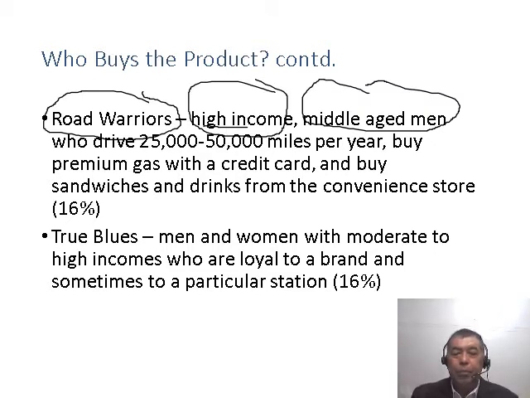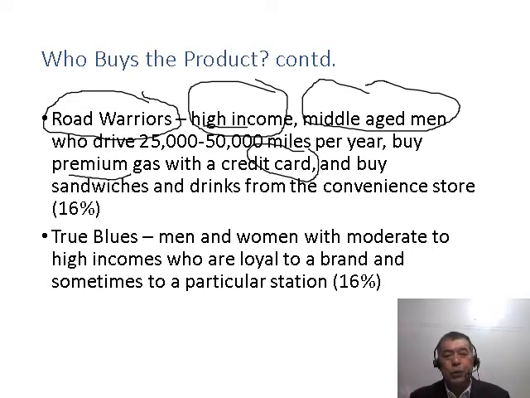Like they prefer premium gas, and the terms of payment is credit card. Not only filling up petrol fuel, they also go and get their snacks and meals in the convenience store, which is 60% of that population considered road warriors.